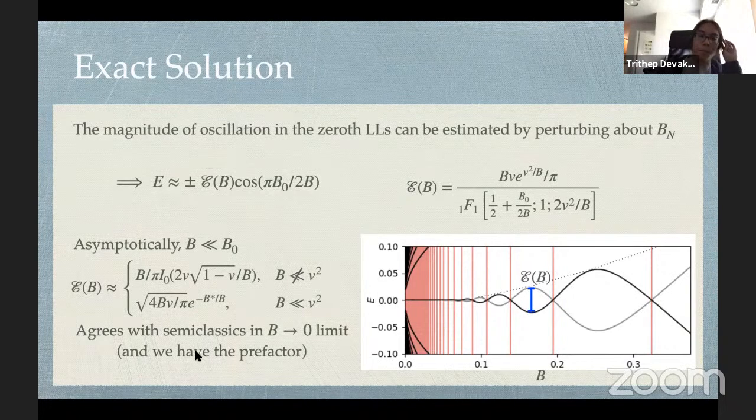But now we have even more information, right? We have the prefactor. The prefactor is not very straightforward to compute in the semi-classical analysis, but here we have it exactly. And this is the exact expression, which is valid even when B is not small, where the semi-classics are limited to.